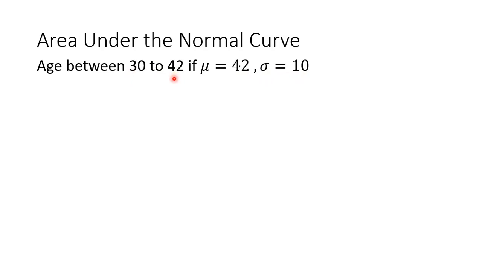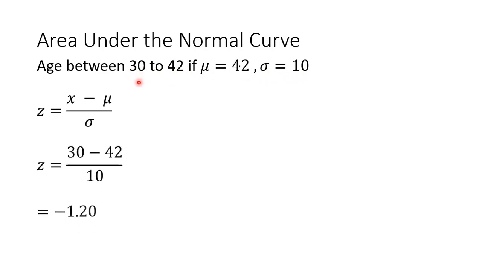So since the value of our mean is 42, that means 30 will be our X. So kunin po muna natin ang Z-score. Our Z-score is negative 1.20, meaning negative po siya. Yung area natin bounded by 30 and 42 is on the left side of the curve coming from the mean.